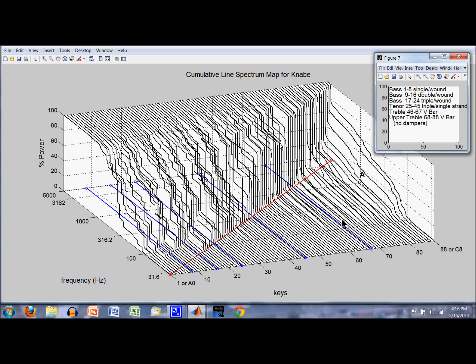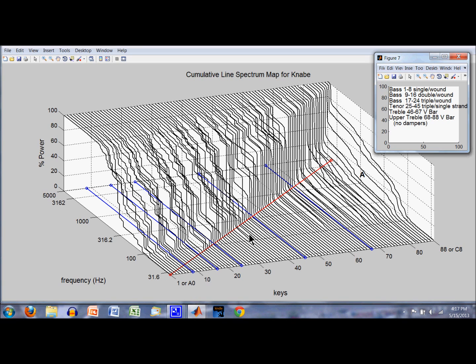We've got several sections marked off here, demarked by the blue lines. For example, from 1 to 8 keys is the bass area that is single string wound. From 9 to 16 is the double string wound area. Here is the triple string wound. That's the end of the bass section.